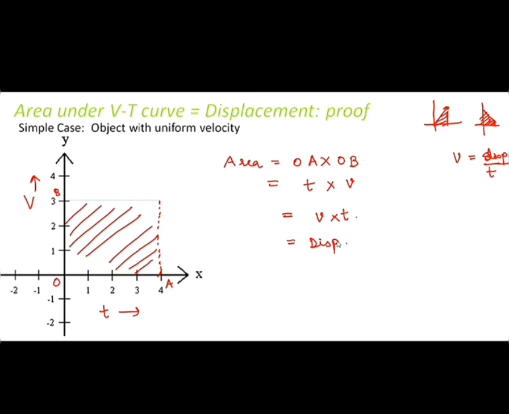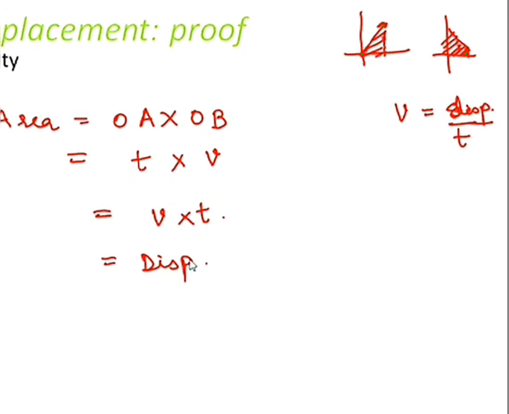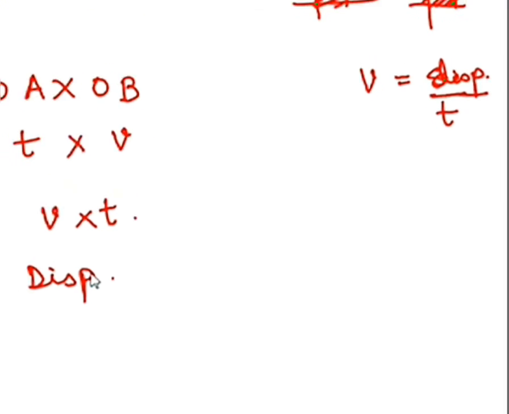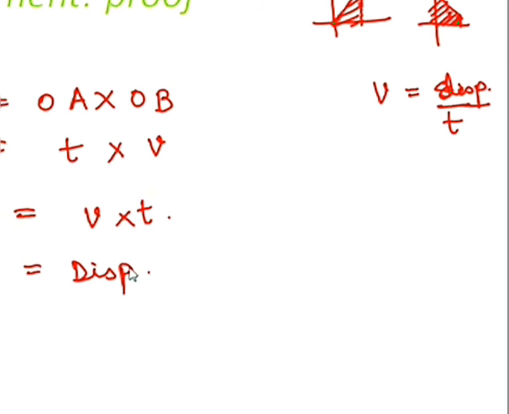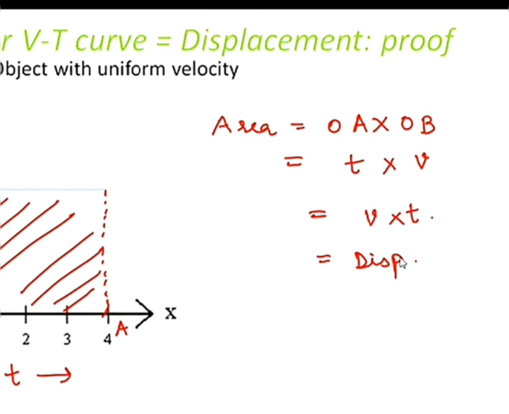Now, by the definition of velocity, we know velocity is change of displacement over time. So velocity into time can be written as displacement, because velocity is equal to displacement by time, and when time is multiplied by velocity, you get displacement. It means from this area we will get displacement.